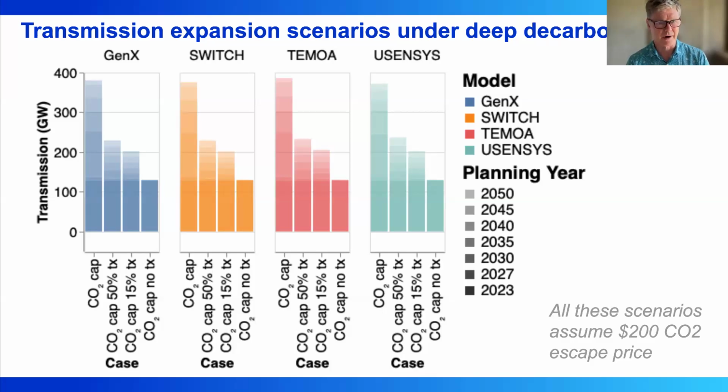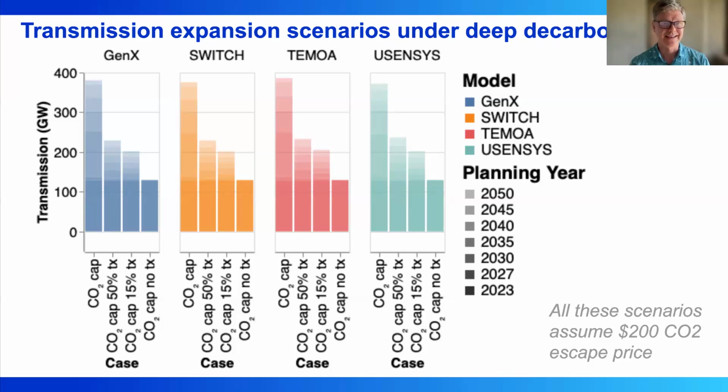The other bars show how expansion occurs all the way out to 2050 with different shadings. And then you have different transmission scenarios, whether it's completely unconstrained, which is on the left side, and the intermediate cases where transmission can happen, but the amount of expansion is constrained.